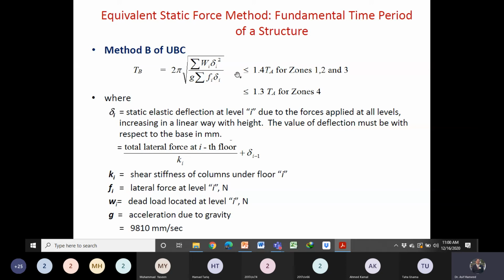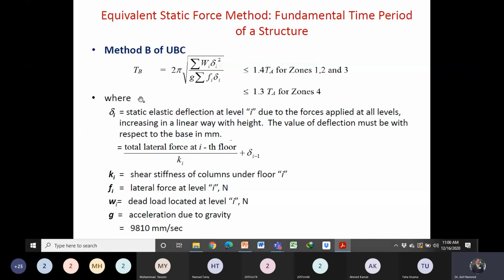The time period calculated by this formula should be less than 1.4 times the time period calculated by method A of UBC for zones 1, 2, and 3. Similarly, it should be less than 1.3 times the time period calculated by method A of UBC for zone 4. So we can calculate the lateral displacement at each floor level.